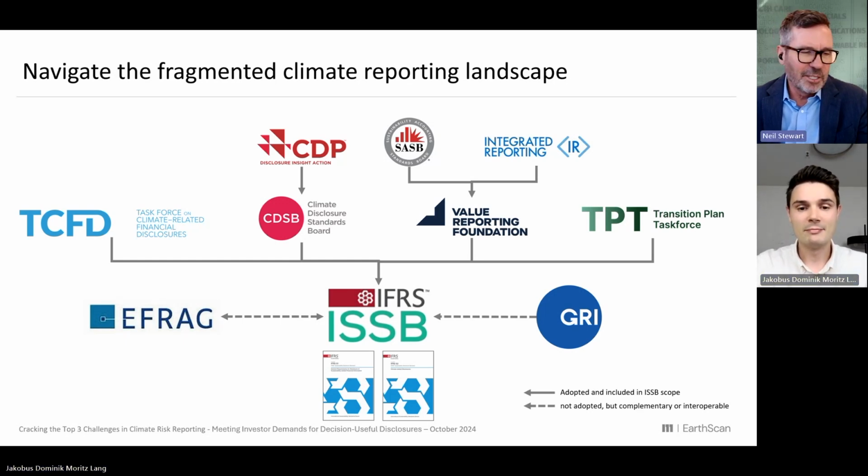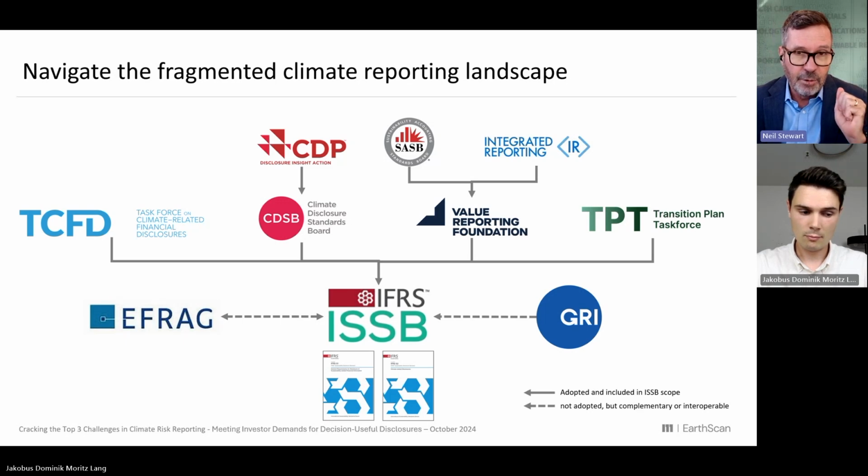Well, thanks, Jacobus. And this is Matika's illustration, I guess, of the alphabet soup, right? Or at least part of the alphabet soup. And sometimes I think of this kind of slide as the shock and awe slide. It's like this scares our listeners into wanting to listen to us. But I'll try to explain a little bit about what we've achieved here, because as you pointed out, the ISSB really has consolidated the global sustainability disclosure landscape.